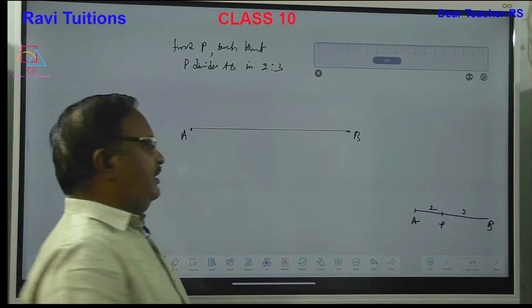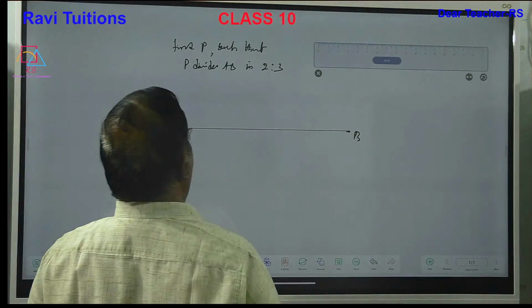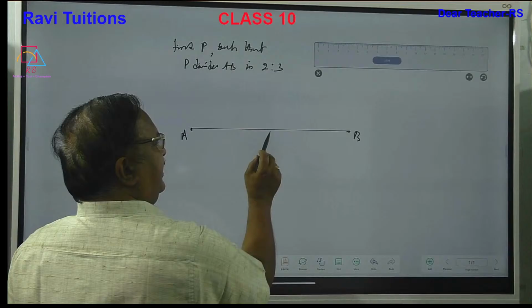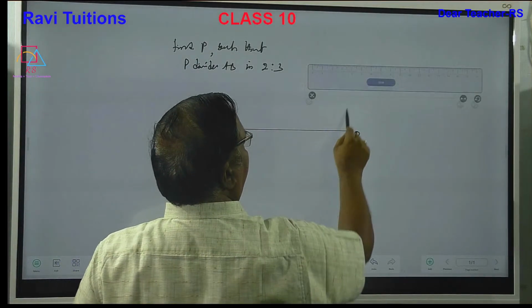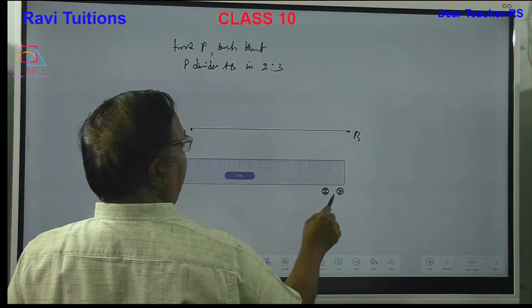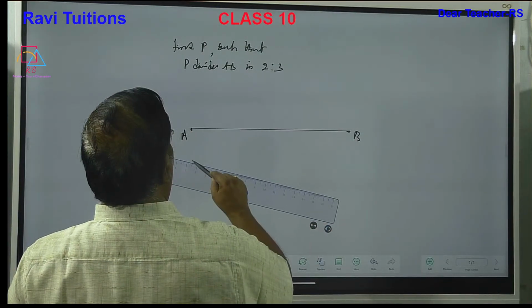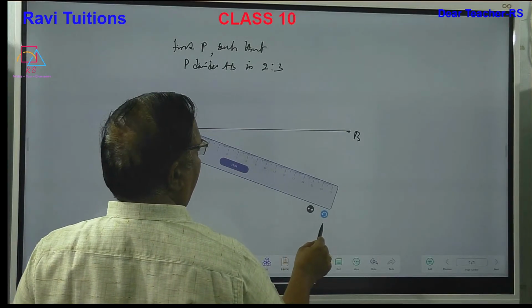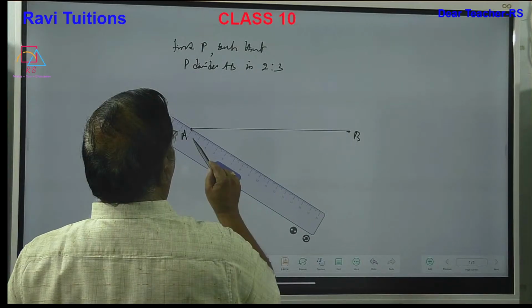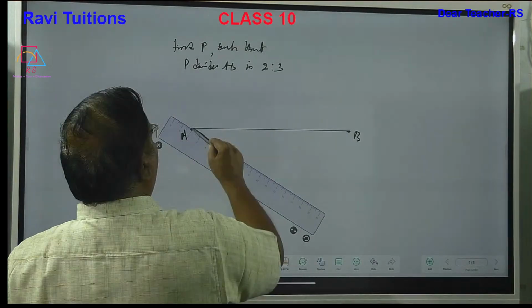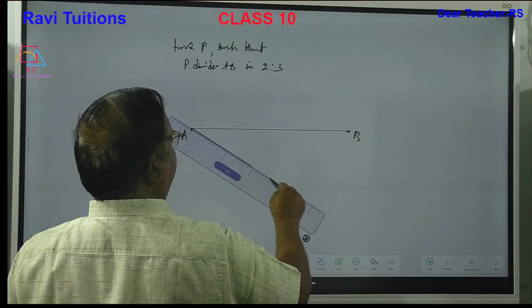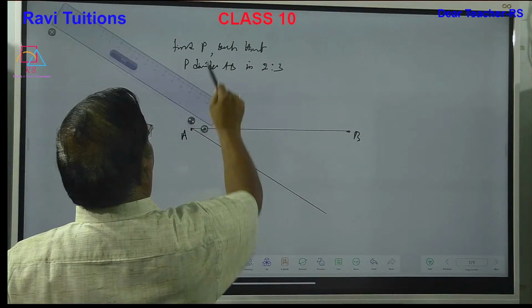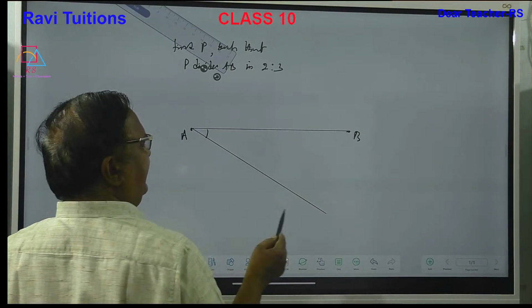Now, our target is to do this. Take a scale and draw from AB any line with any angle.